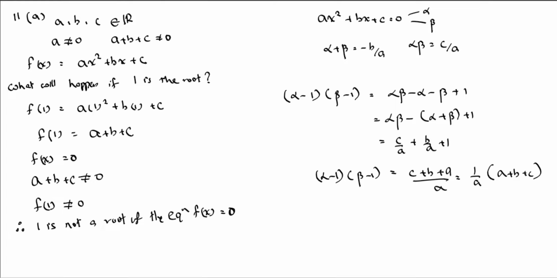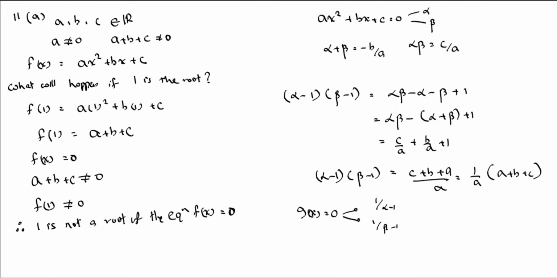Then they are asking for the quadratic equation with 1 over alpha minus 1 and 1 over beta minus 1 as the roots. So they are telling you that there is something called g(x) equals 0, and this g(x) equals 0 has two roots, that is 1 over alpha minus 1 and 1 over beta minus 1.